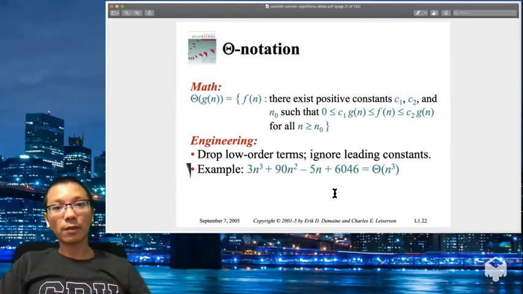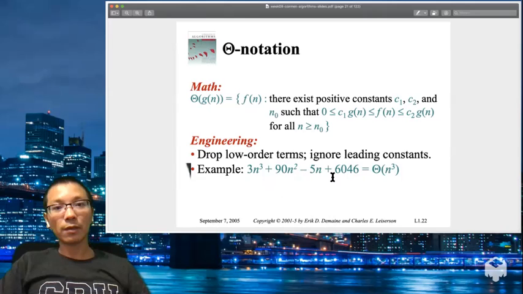So theta notation. Now theta of g of n, here's the mathematical definition. Theta of g of n is actually a set of functions, and this set of functions satisfies a particular condition. The condition is that all the functions in this set are bounded by g of n, with just a constant difference, when n is big enough.